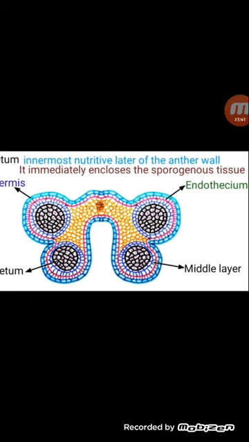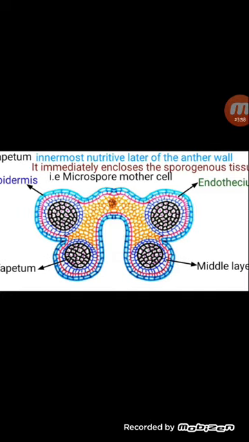Next, this innermost nutritive layer of the anther wall immediately encloses the sporogenous tissue. This sporogenous tissue is nothing but the microspore mother cell.